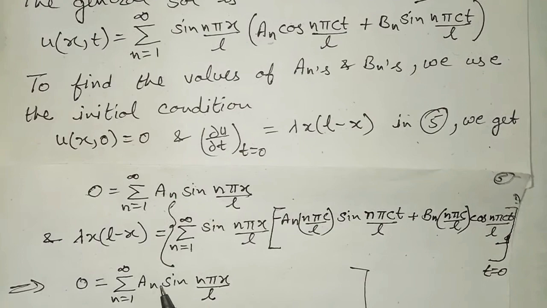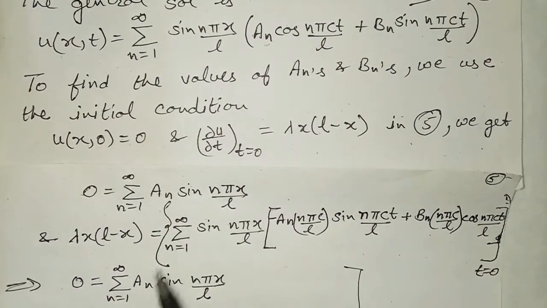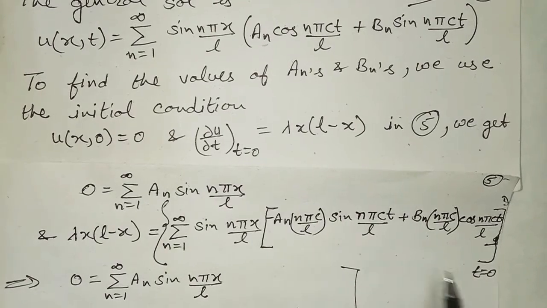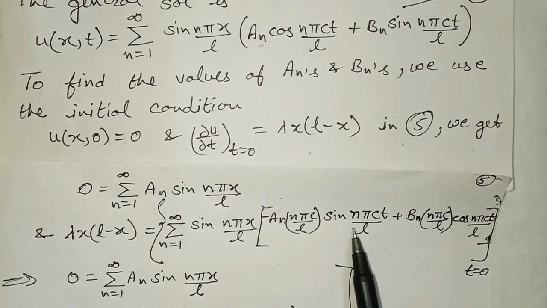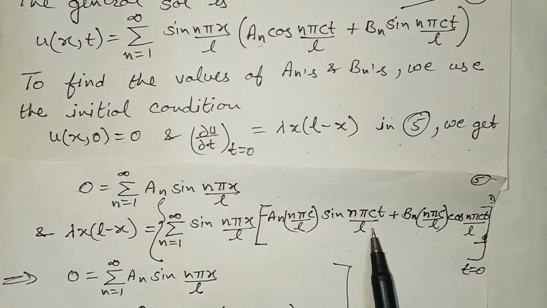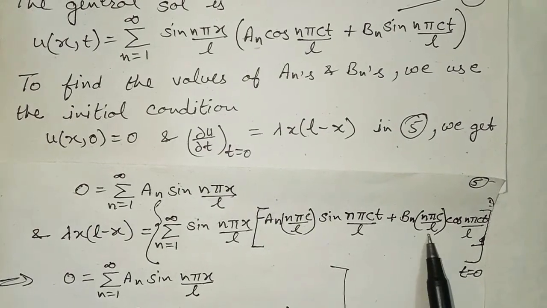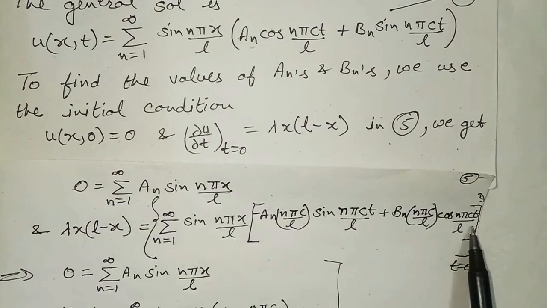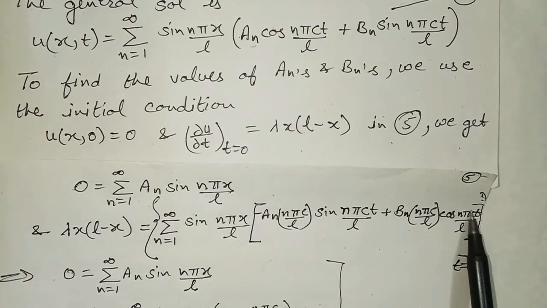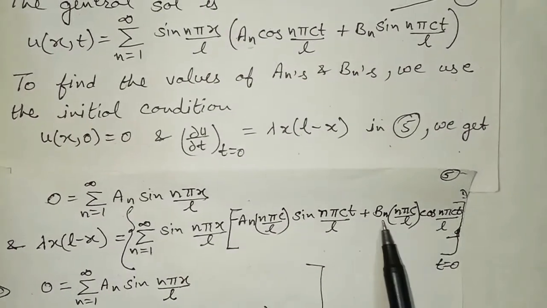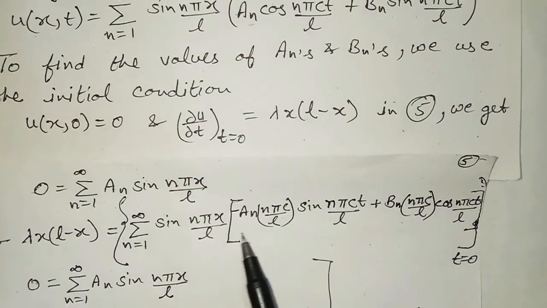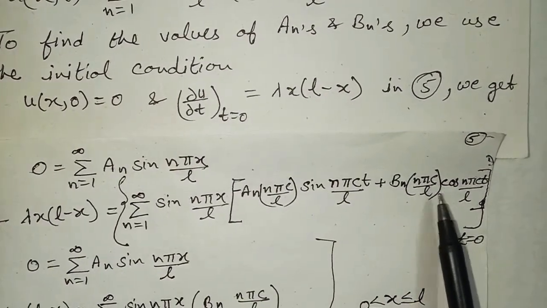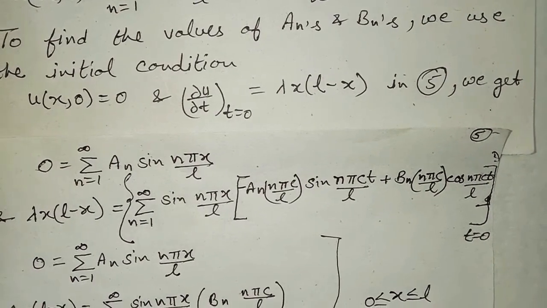The first series is as it is, and when we put t is equal to 0 in the second, the first part will be 0 and we are left with only the second part, and putting t is equal to 0, this will become 1. So from this bracket only bn n pi c by l is coming.